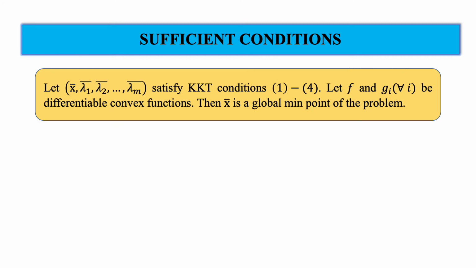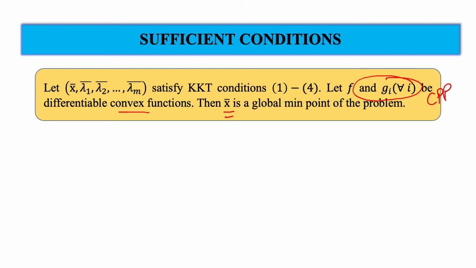If lambda bar and x bar satisfy all four conditions of the necessary condition, and let f and g be differentiable convex functions, that is a convex programming problem, because if function f and all g_i's are convex, then we call such a problem a convex programming problem. Here we are assuming that the function and all constraints are convex. Then x bar is the global minimum point of the given problem.